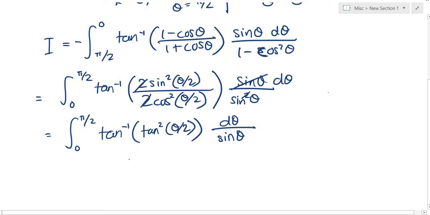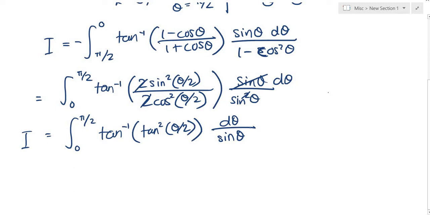Now we have one problem: we have a half angle in the argument, and we have twice the half angle, the full angle, in the denominator outside the inverse tangent. So we can convert this sine theta into a half angle of tan theta. We have an identity for that.